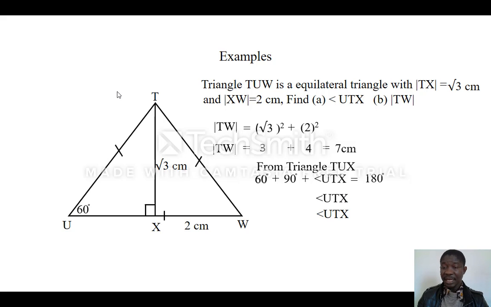For us to get the angle UTX, it will be equal to 180 minus 60 degrees minus 90 degrees. In conclusion, angle UTX is equal to 30 degrees if you subtract 60 and 90 from 180.